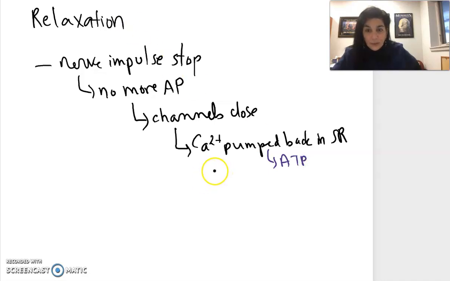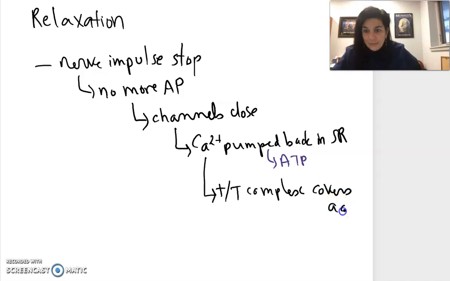Also, when there is no more calcium, a consequence of that is that the troponin, tropomyosin complex, so I'm going to write T and T, covers actin.